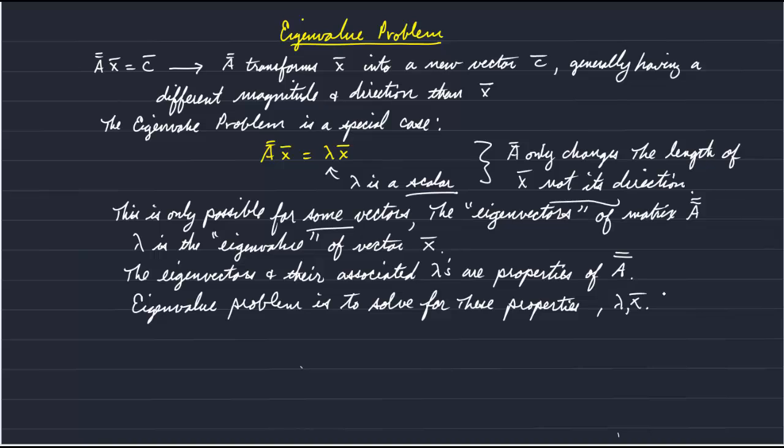Okay, so that's a statement of the eigenvalue problem. Given Ax equals lambda x, solve for lambda and solve for x.